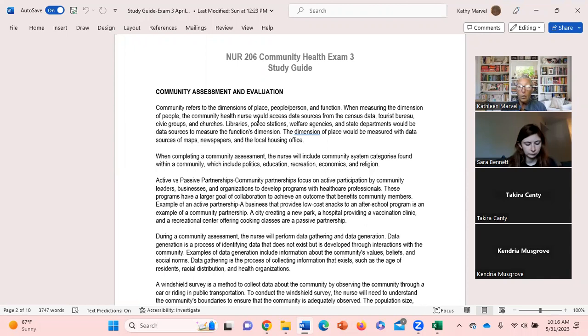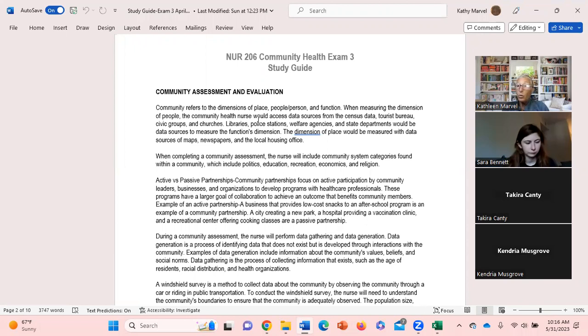If they say that you're getting information from maps and newspapers, what dimension is that? That's the dimension of place. Does that make sense? So know these three dimensions: people, place, and function, and have an idea of where you're going to be able to gather that information in the community.